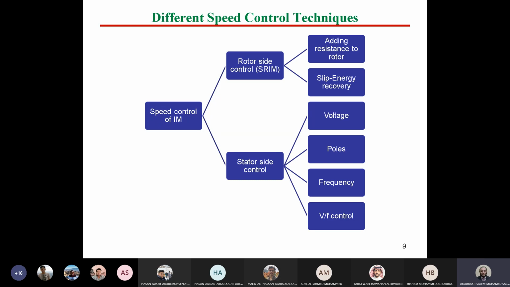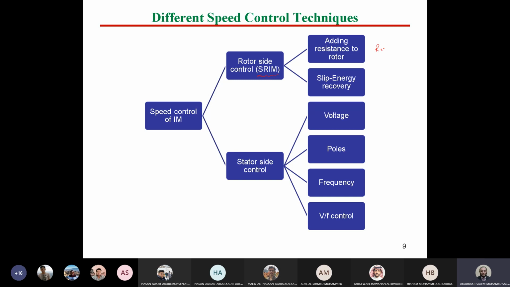So let's classify the speed control according to the motor type. So we have rotor side control. This can be applied only on slip ring induction machine or wound rotor induction machine. This is nothing but adding resistance to the rotor.